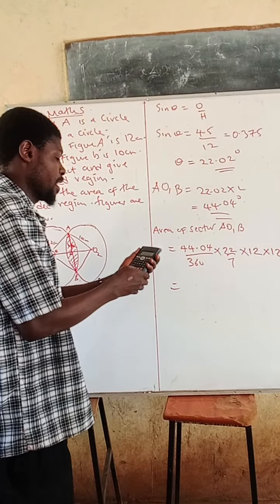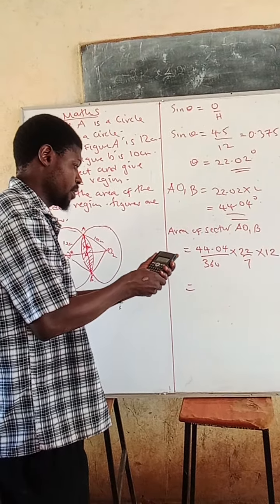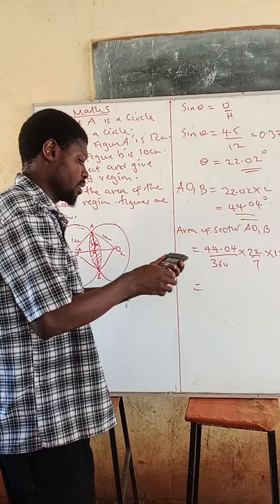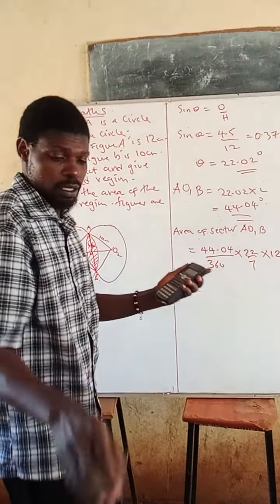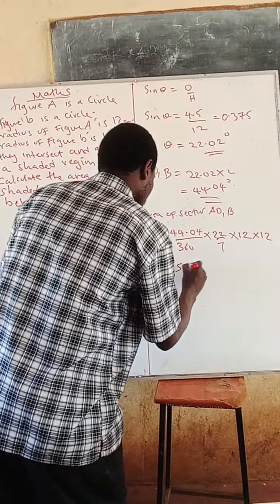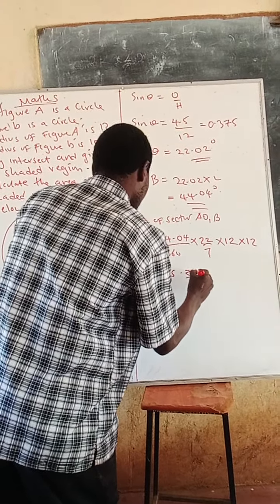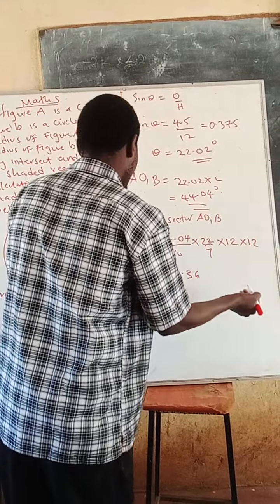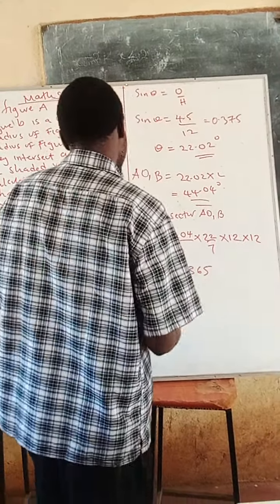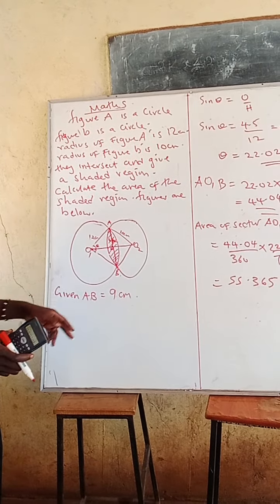You put bracket first, 360 times 7. Close bracket, then find the answer. It becomes 55.3645. Rounding off, 55.365. That's the area of the sector AO1B.